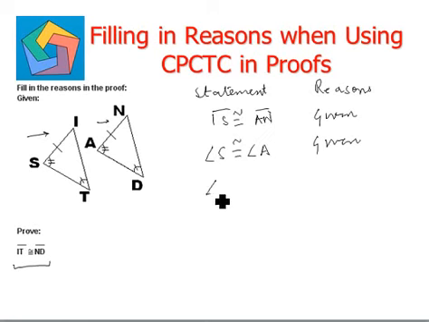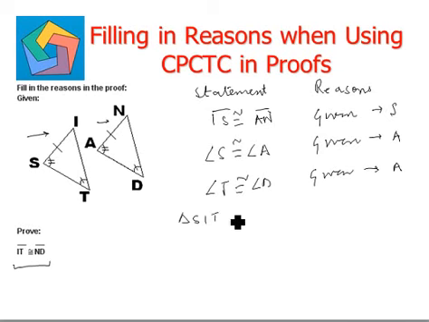Angle T is congruent to angle D, again that is given to us. So we have side, angle and angle. Therefore triangle SIT is congruent to triangle AND by the AAS postulate, that is angle angle side postulate.